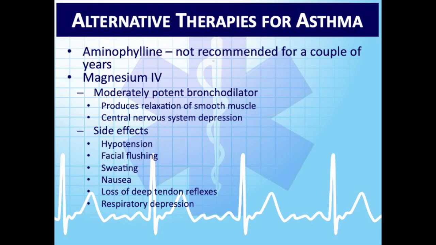Give it. So what are some side effects of magnesium sulfate? What's that? Hypotension. You have to watch that pretty quick. You don't want to slam it in, especially those little vials that you have. Dilute it out, put it in a mini bag.